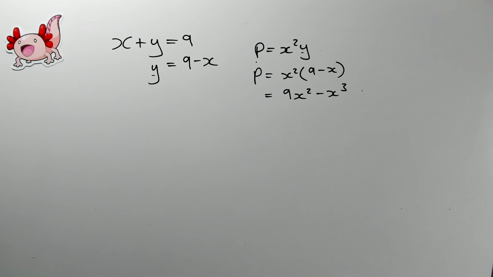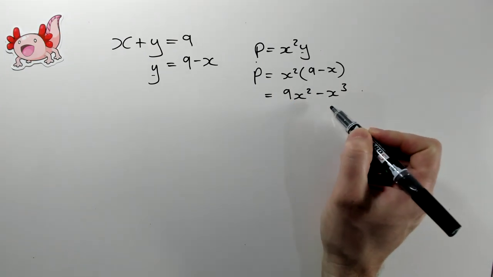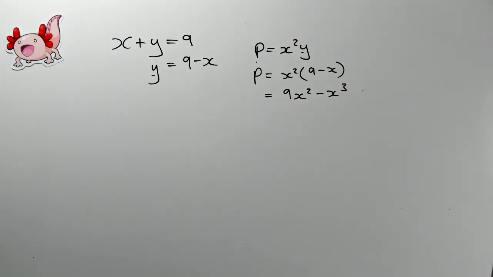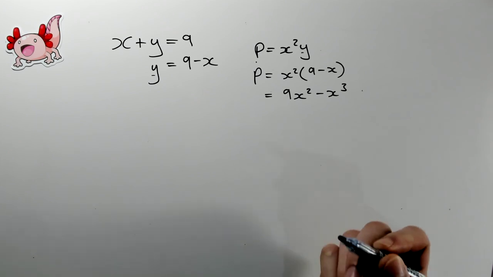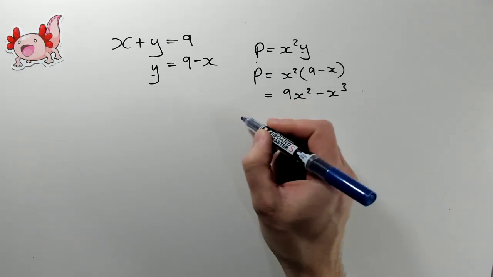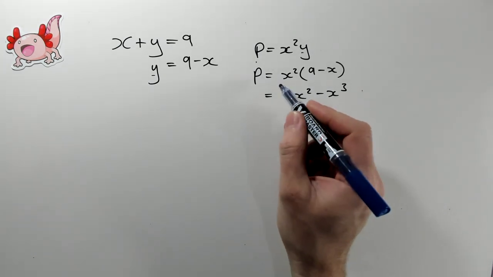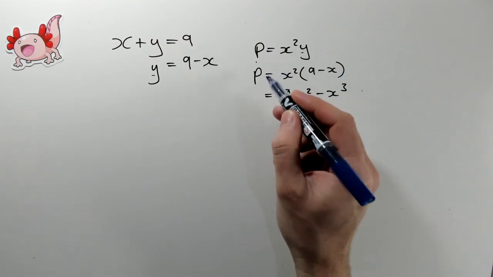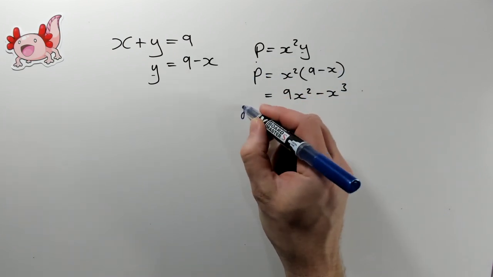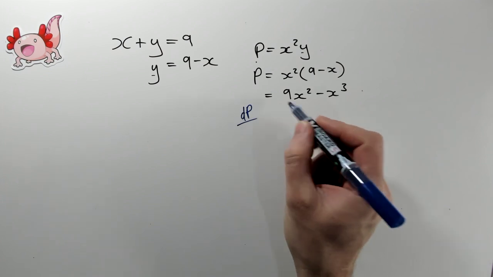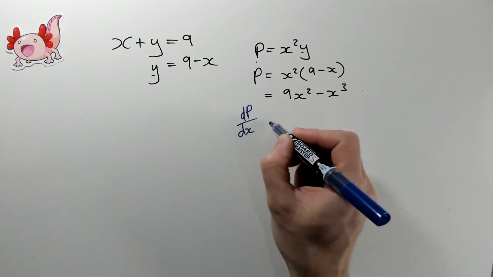Now they say find the maximum value of p. In order to find the maximum value of p, this is a function, so I need to derive this function. For a maximum point, it'll be a stationary point. So let's derive this, but it won't be dy over dx, it'll be dp over dx, because p is changing over the change in x.